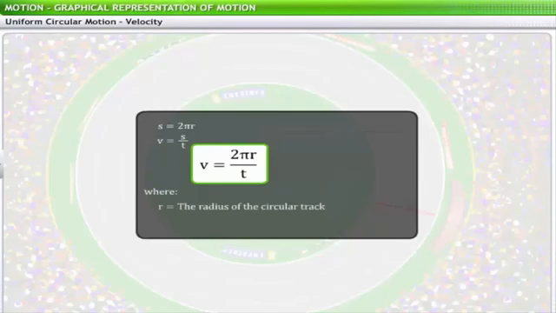Hence, the speed of an object in uniform circular motion is v is equal to 2 pi r divided by t, where r is the radius of the circular track and t is the time taken to circumnavigate the track once. Thus, you can use this formula to determine the speed of an object in uniform circular motion.